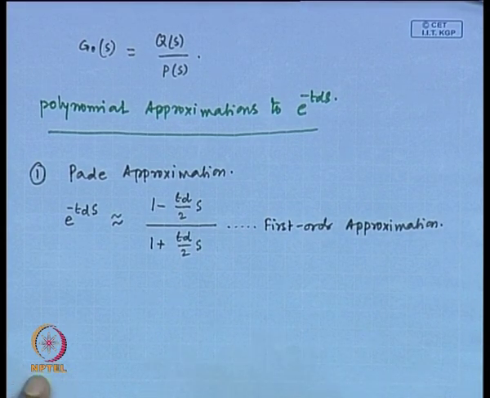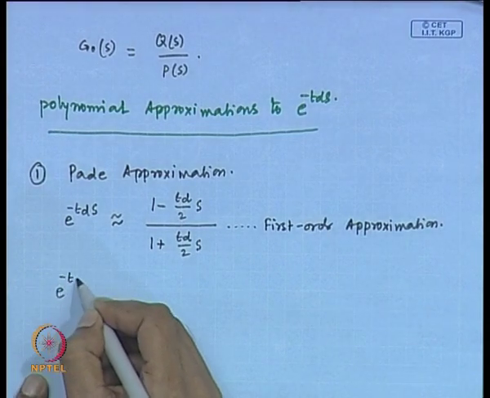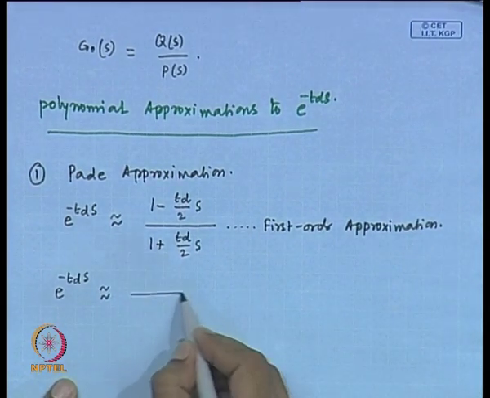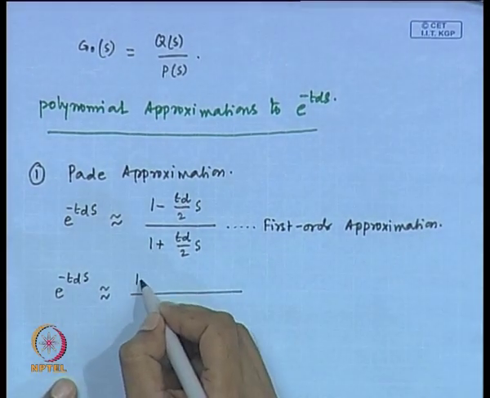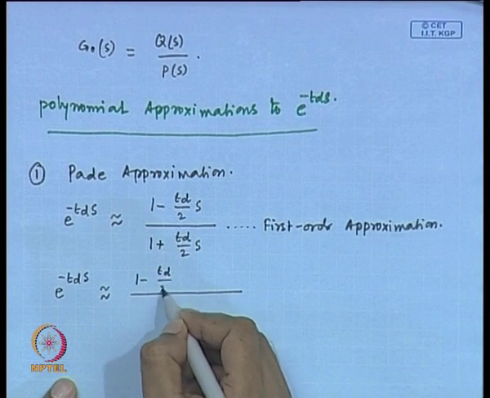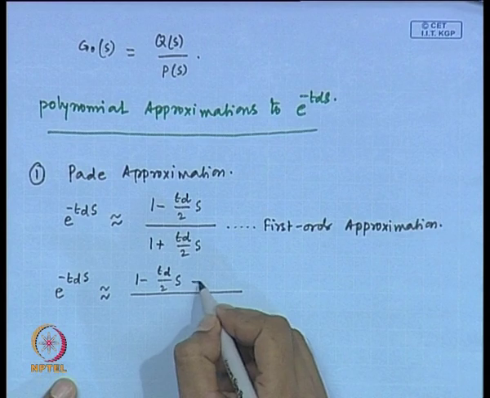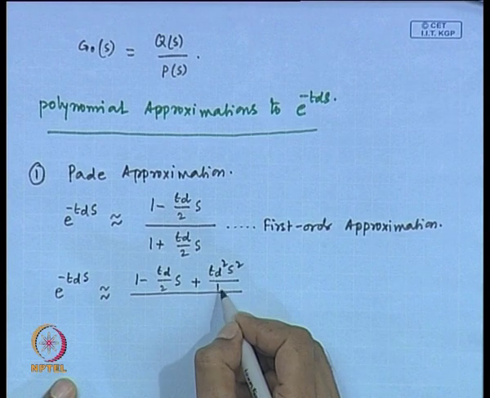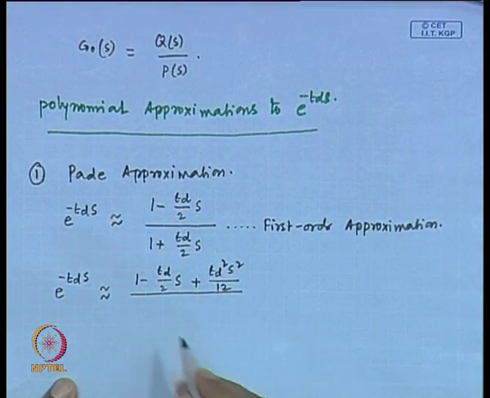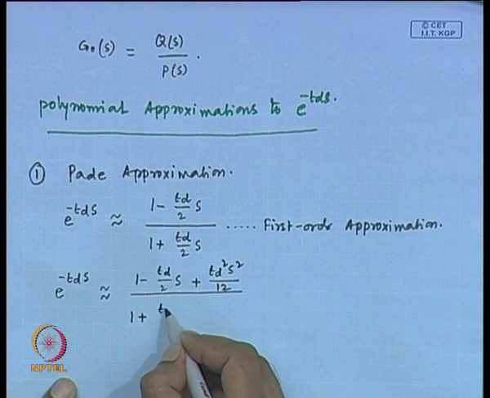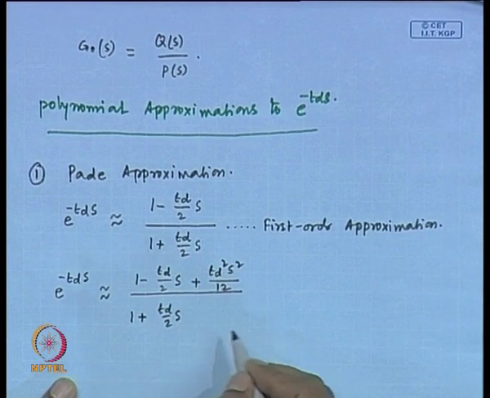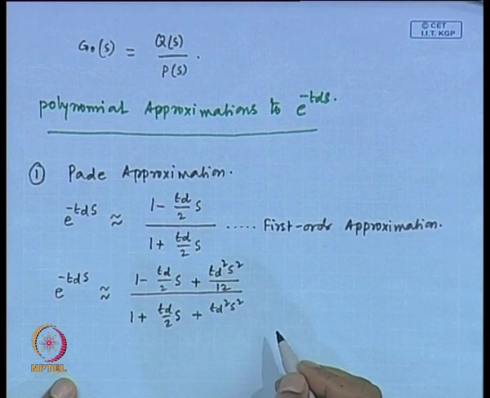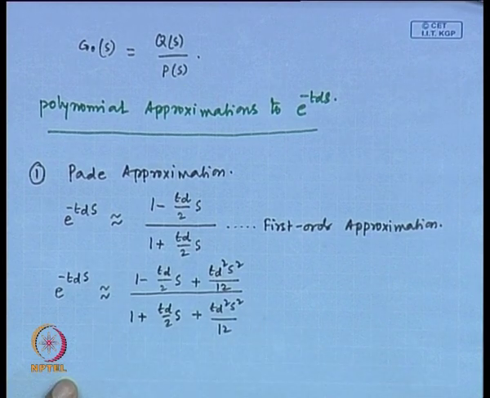Fine. Similarly, we can write the form as second order Padé approximation: 1 minus TD divided by 2 S plus TD square S square divided by 12, over 1 plus TD divided by 2 S plus TD square S square divided by 12.